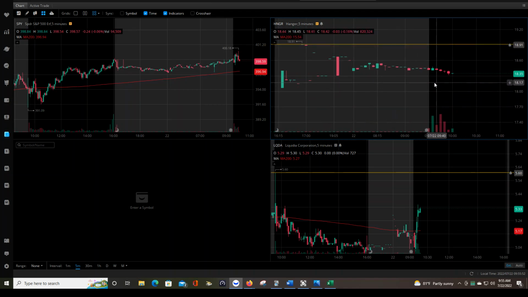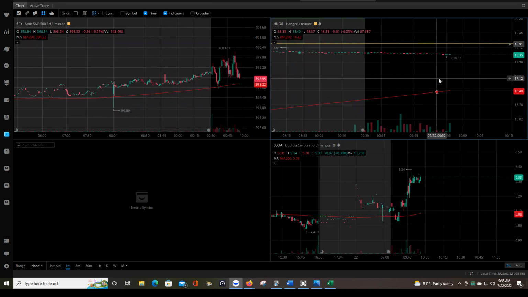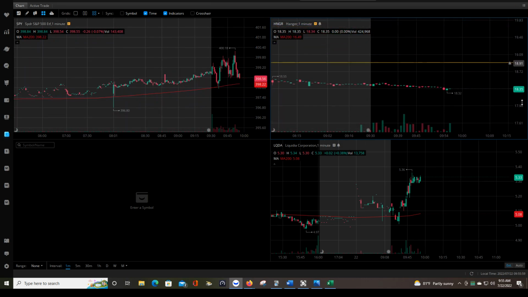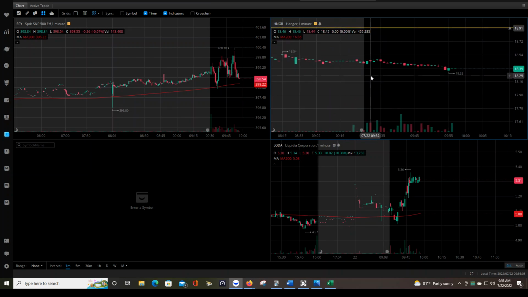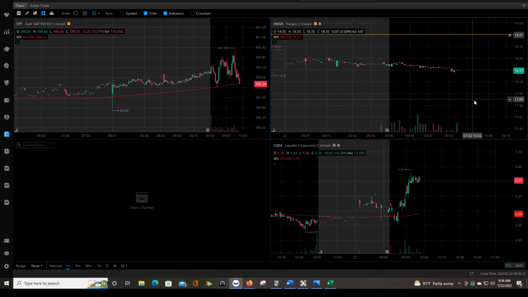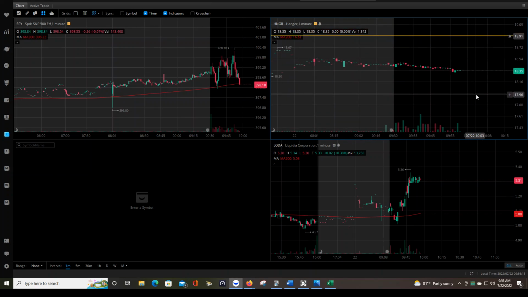Nothing. If you would have jumped in on the first 1-minute candle or something like that, I'm just trying to think like what I would have done if I was a brand new trader and had no idea what I was doing. You might have got in around, let's say the close, 18.45, and right now it's down 10 cents. It's not done anything but bleed out throughout the day. So anyway, it's just the way things go.